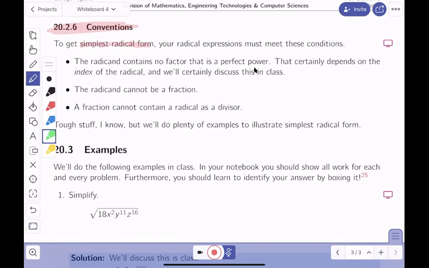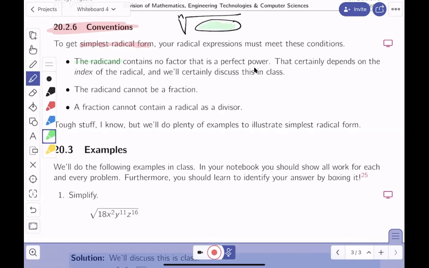Let's talk about them. The radicand. Let's remind you what the radicand is. This thing here is the radicand.